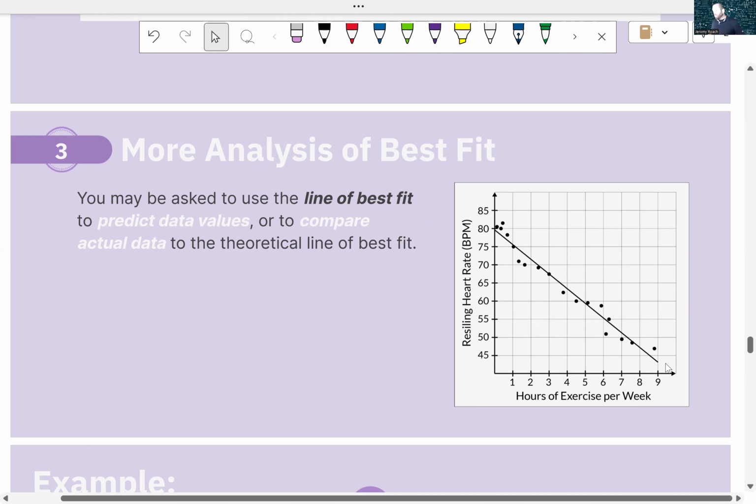So these scatter plot points are from different people that were probably sampled from this data. And because this data exists, we can use the line of best fit to make predictions about other people in the population. Notice that not all the dots are exactly on the line, but they're very close to what the line is.